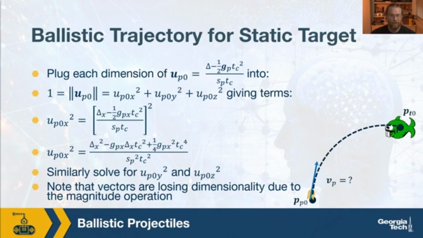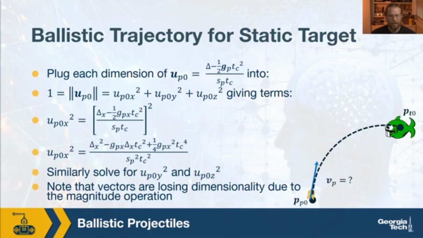If we expand all those terms, then you get what's shown on the next line. You'll see that it's a big mess of terms here. We can do the exact same thing for y and z. Again, it'll look the same. It's just going to refer to a different one of the three dimensions of our vector.